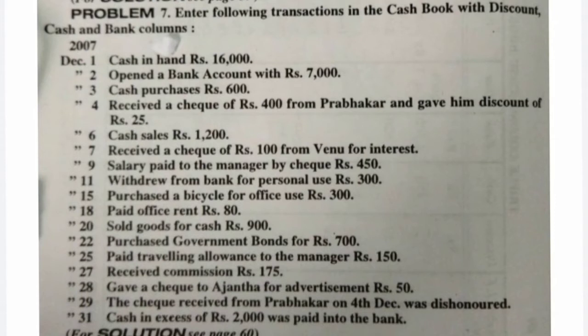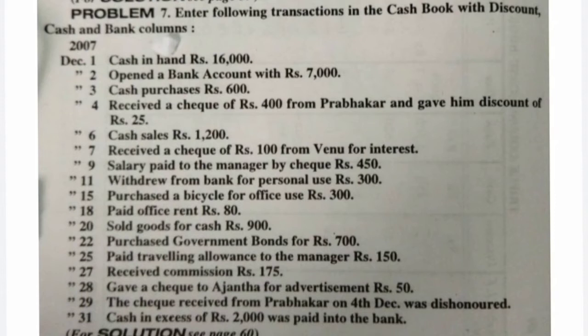So it is a contra entry. So bank account debit to cash account 7,000 rupees. Since bank is on the debit side, you need to debit the bank column on the debit side of the cash book and credit the cash column with 7,000 on the credit side of the cash book.